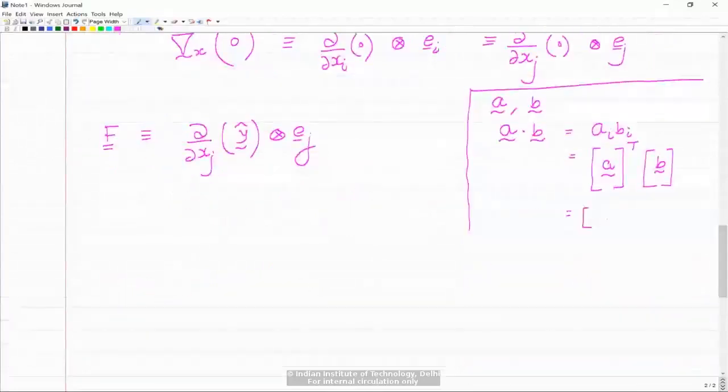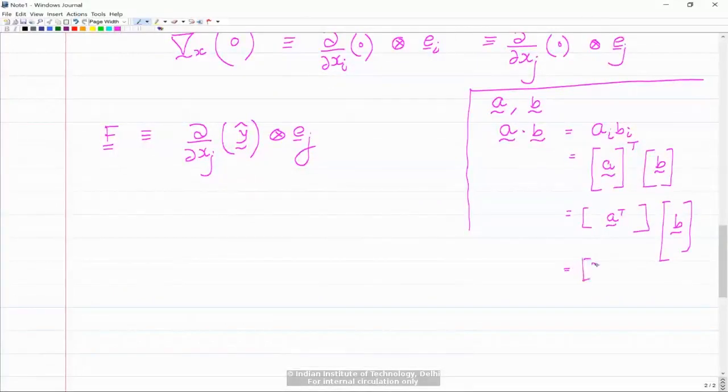So you see, since you are taking transpose, it becomes like this, and then you multiply with B. So this is basically A1, A2, A3 times B1, B2, B3. Okay, and when you multiply, you indeed see that it is AiBi. Okay, that's the dot product.